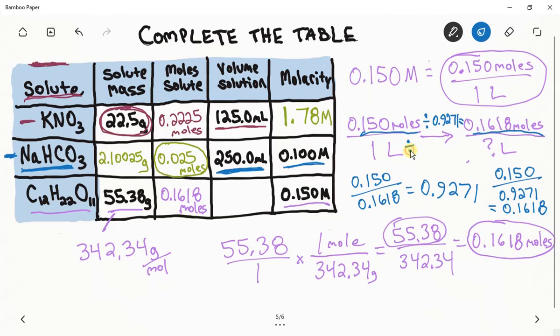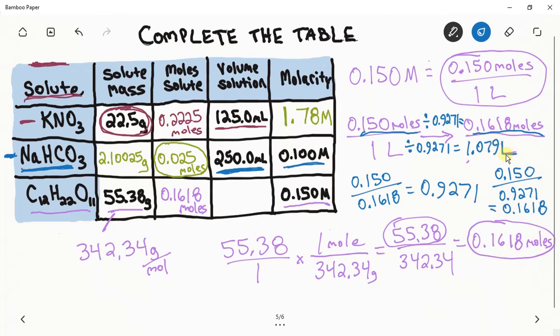So 1 liter divided by 0.9271 equals 1.079.